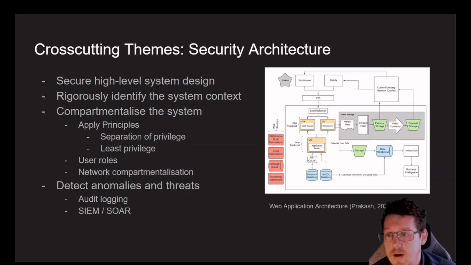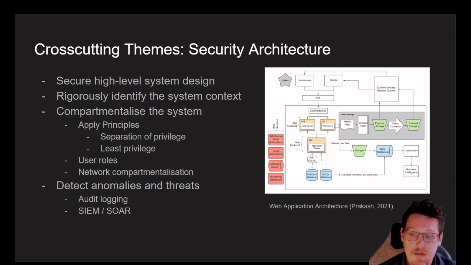Another part of more modern security architecture is actively detecting anomalies and threats. This is more about the way the business IT infrastructure is designed. There's a two-pronged approach.